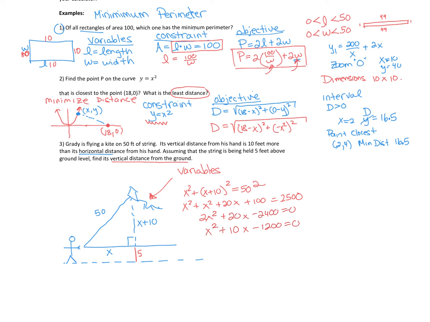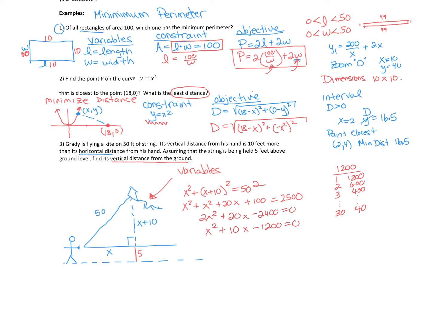And see if I can find two values that multiply to 1200 that add to 10. So 1 times 1200, 2 times 600, 3 times 400. I'm going to go with 30 times 40.